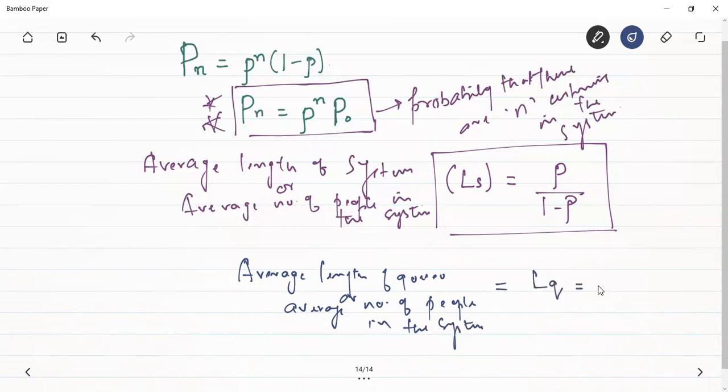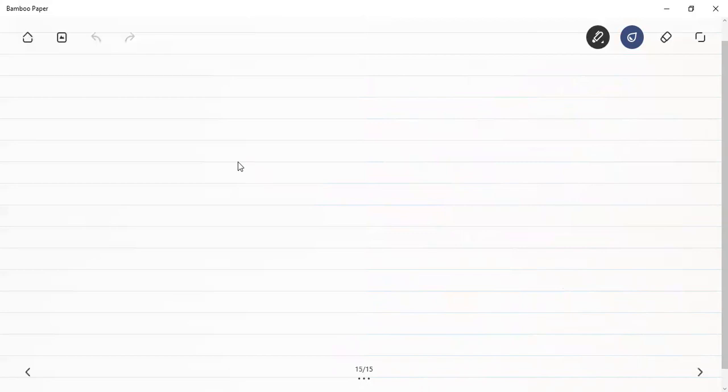Length of the queue is equal to rho square divided by 1 minus rho. Again, these two formulae are quite important. Then there are two more formulae which we need to remember.